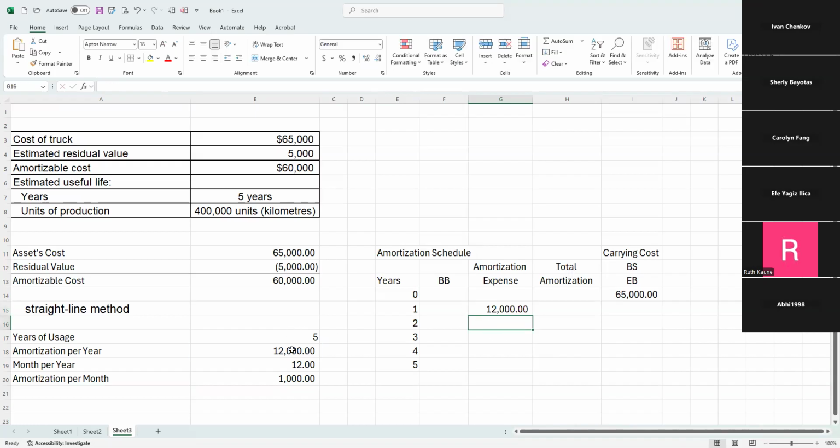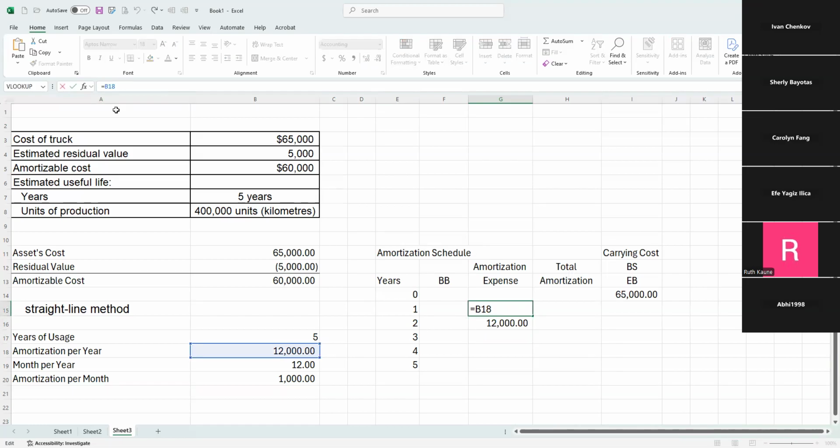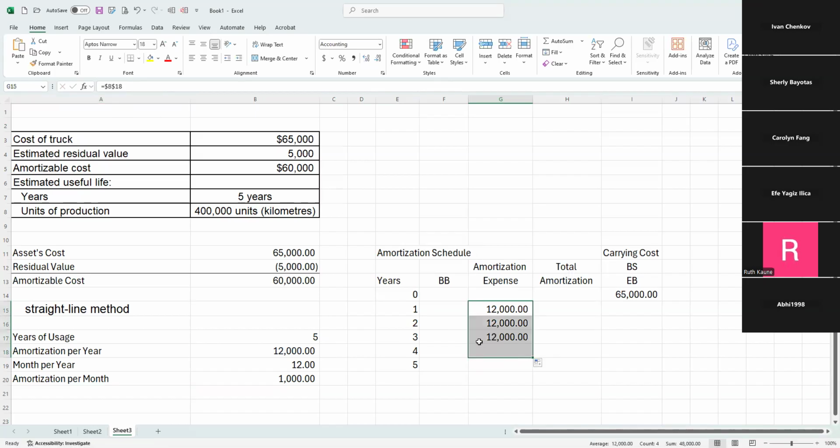Second year, still 12,000. Third year. So if I hold this cell here, I can easily drag everything and it's always going to be 12,000, all 5 years. How much will be my total amortization expense for the 5 years? Do I know that amount? Before I even start doing my schedule.